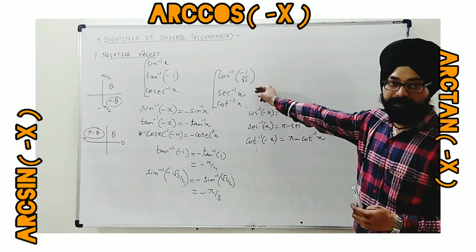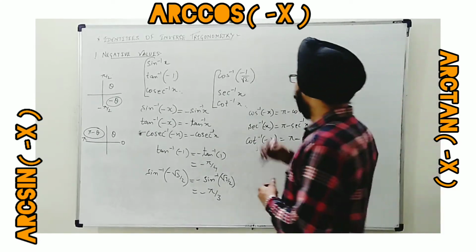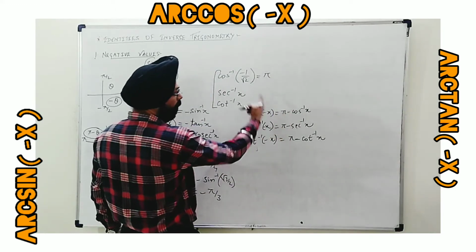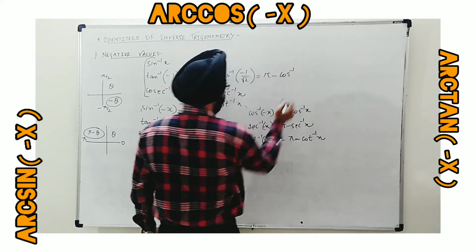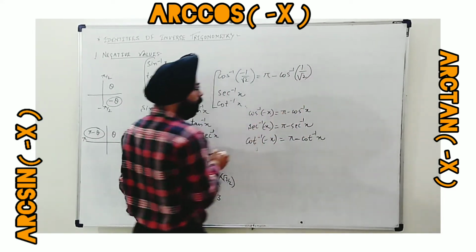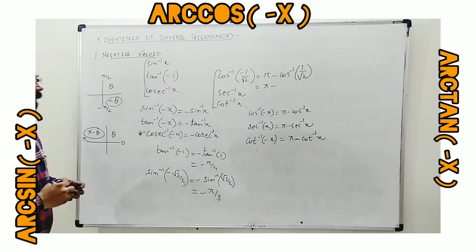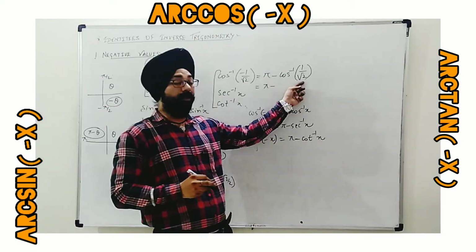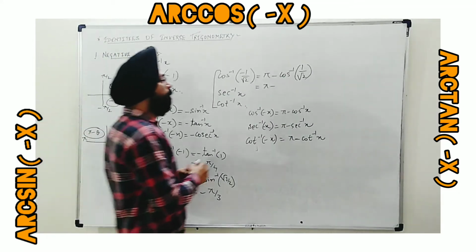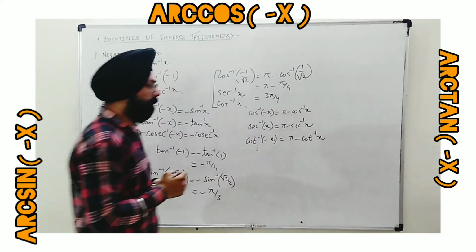For example, take cos inverse of minus 1 by root 2. To sort out the negative value, first write pi minus cos inverse of 1 by root 2. Now we simplify: 1 by root 2 is always taken from the first quadrant as it is positive now, and it is for pi by 4. So finally we get 3 pi by 4 as the answer.